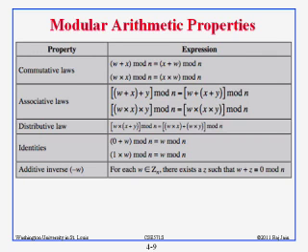Similarly for multiplication. They are distributive in the sense that multiplication distributes over addition. So when you do w times x plus y, you could do w times x plus w times y. Remember, only multiplication distributes over addition, not the addition does not distribute over multiplication.